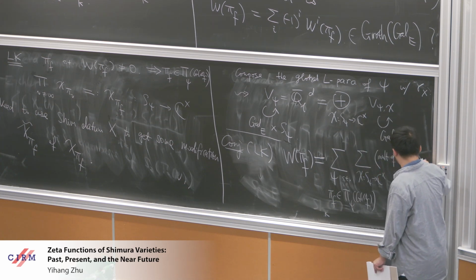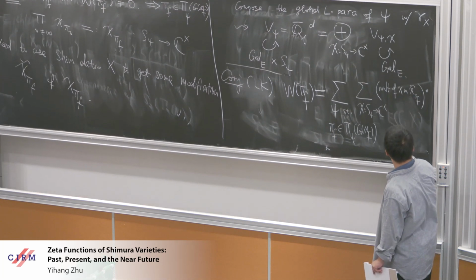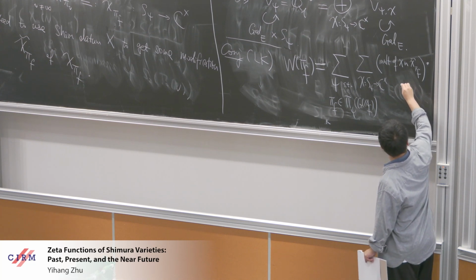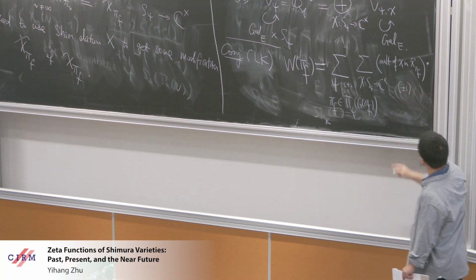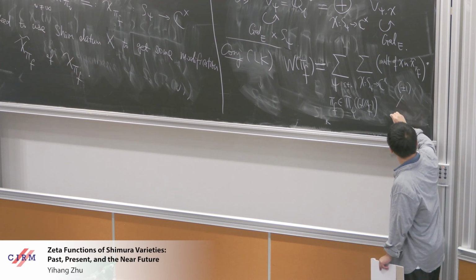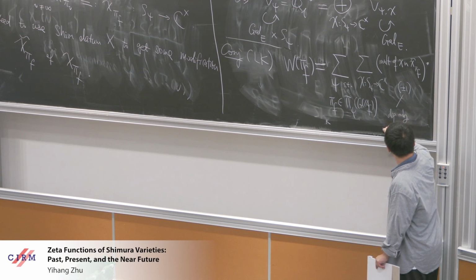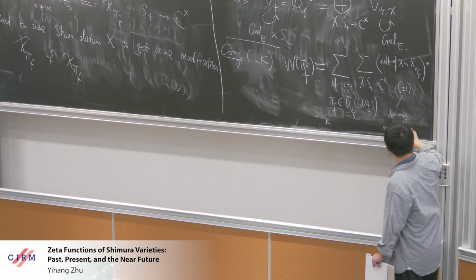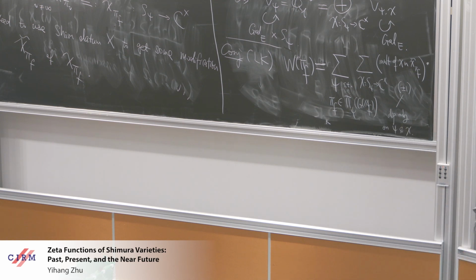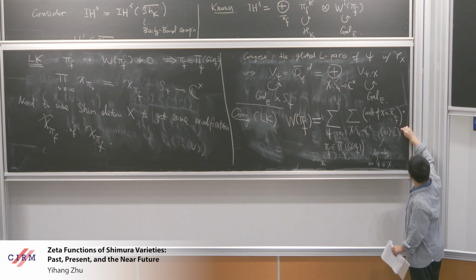And then you multiply it with a sign plus or minus 1. And this sign depends only on ψ and χ, not on π_f. And then you multiply by the representation V_ψ,χ.